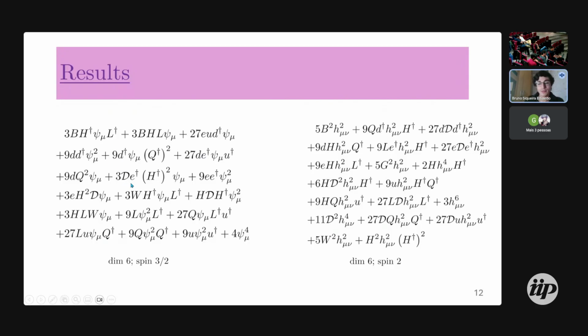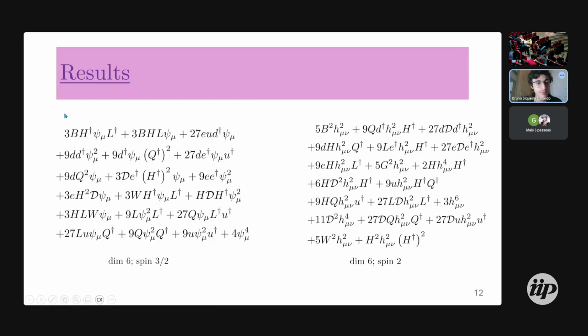The terms are really huge, but I decided to select here only dimension 6 because it is what could fit in the slide. So for dimension 6 spin 3/2, we have those terms here. And how do we interpret the expansion of the series?